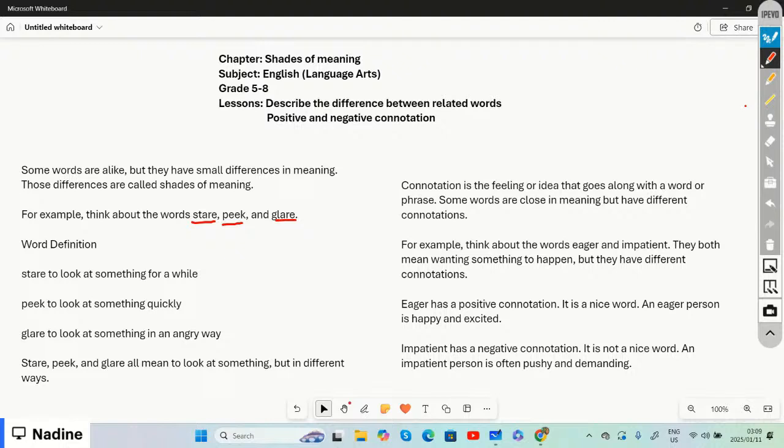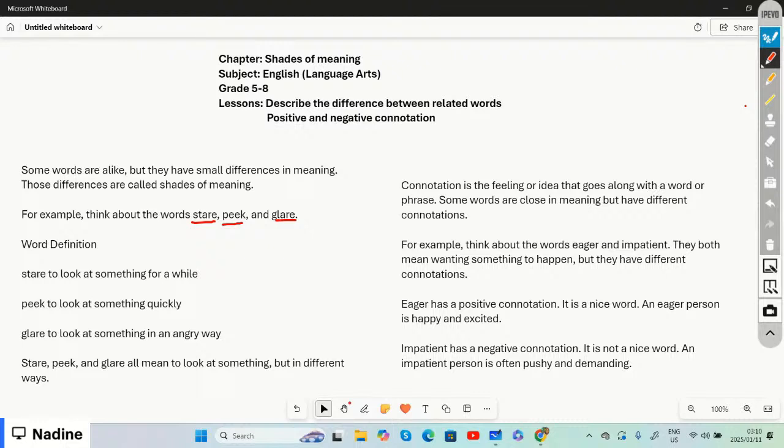To stare at something, to peek at something, or to glare at something.